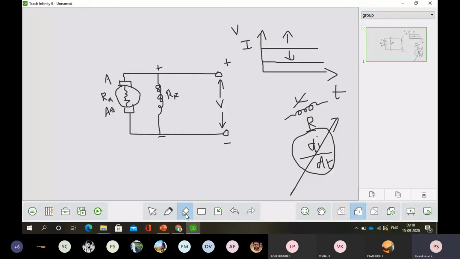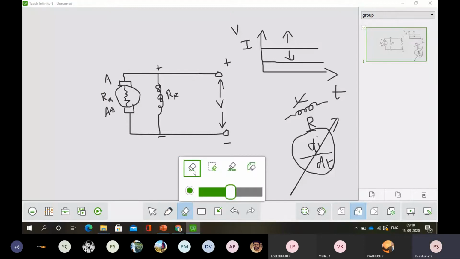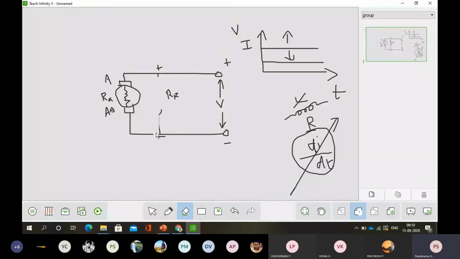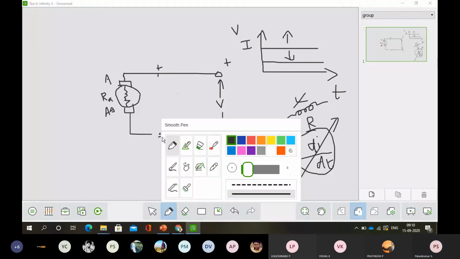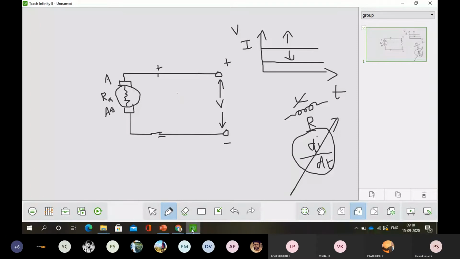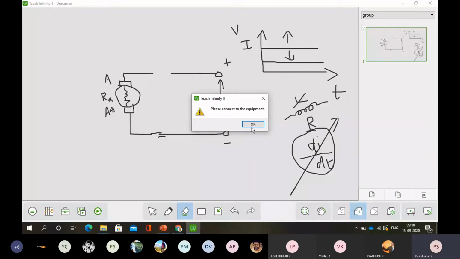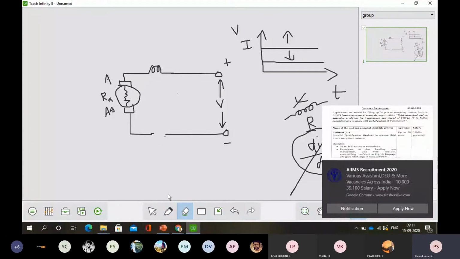Instead of that, if I'm having a coil like this in series with the armature circuit, automatically whatever current is flowing, the armature current is equal to the field current.